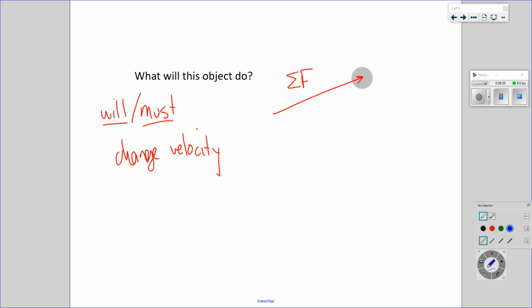Impulse's change in momentum is m delta v, right? Delta K is, well, K involves v squared. So the bottom line is this object will change velocity, and that's not quite the same thing as this other word, but what this object will do is it will accelerate.